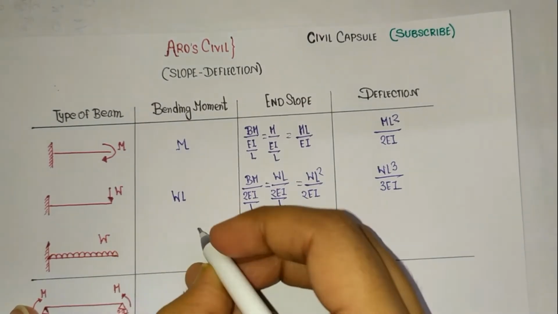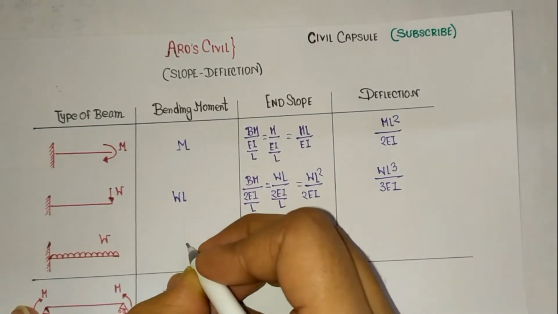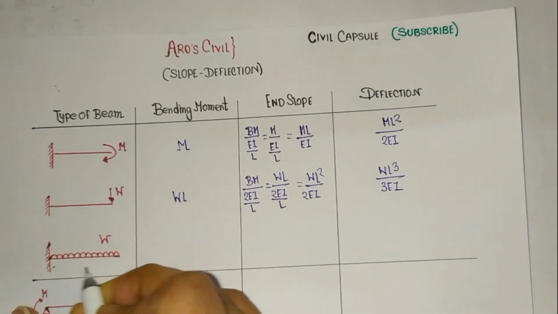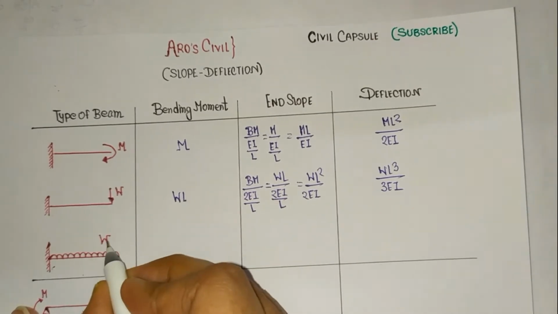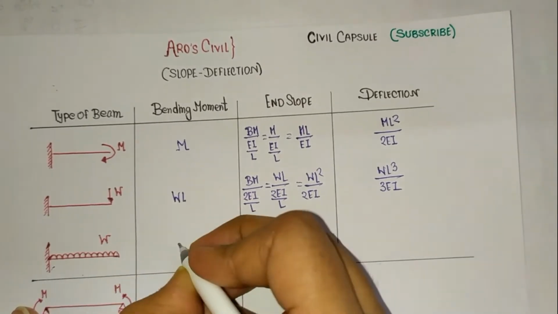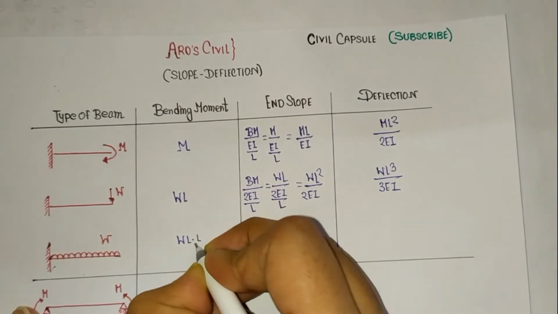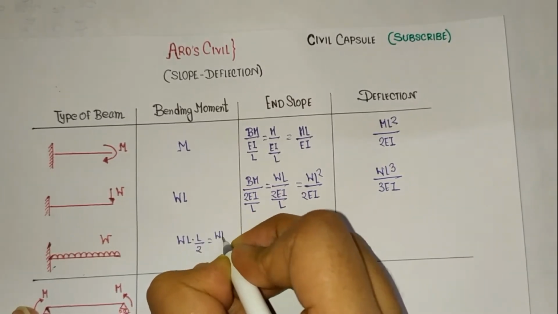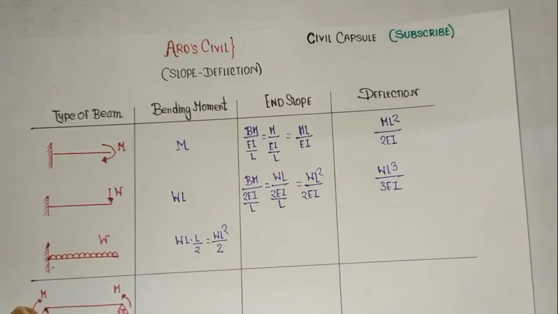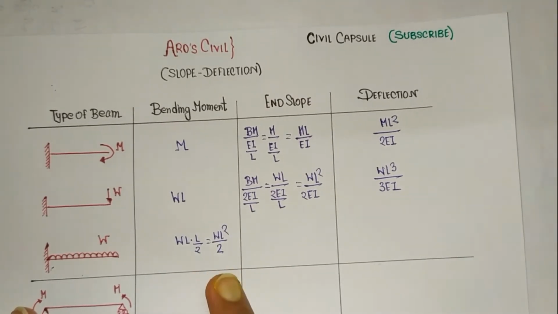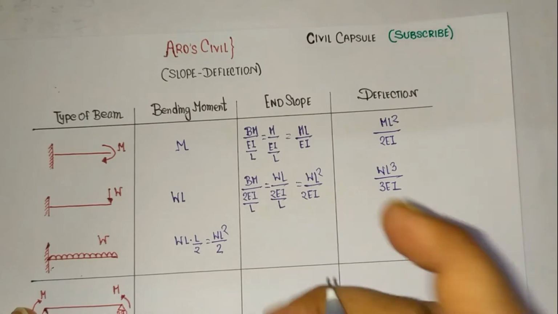Now in this case, suppose the length is L again, and W is the concentrated load acting, so the bending moment value is W into L by 2, that means W L square by 2. Now we have to write the end slope value.